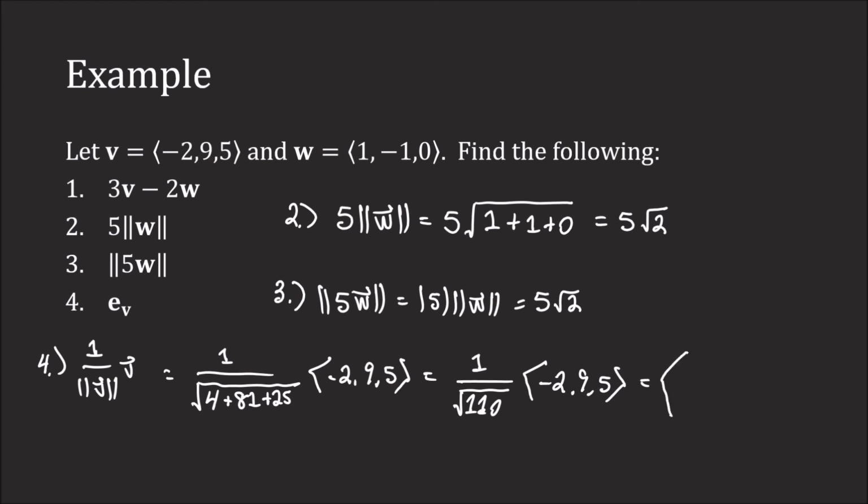So this is the vector -2 over the square root of 110, 9 over the square root of 110, and 5 over the square root of 110.